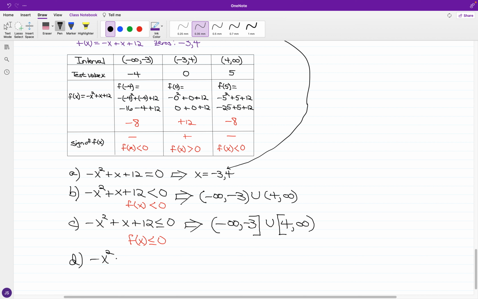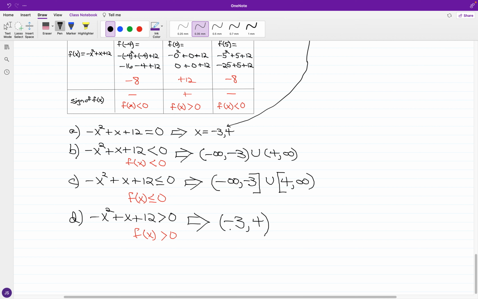And going the other way, for negative x squared plus x plus 12 is greater than 0, we're looking at where f of x is greater than 0. And this will be in this middle section, and the exclusive values will be those values of x whereupon -3 is less than x is less than 4.